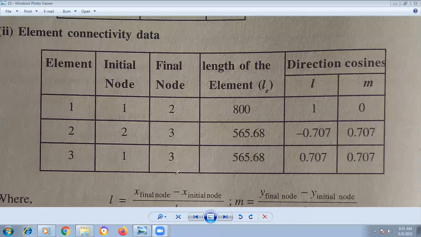Cos 90 plus theta and sin 90 plus theta. You should have your calculators with you. Minus 0.707. That is cos 135. What is sin 135? 0.707 positive. Plus 0.707. So it's second quadrant, so obviously it is positive according to ASTC rule. So that is one way you can find out using direction cosines.